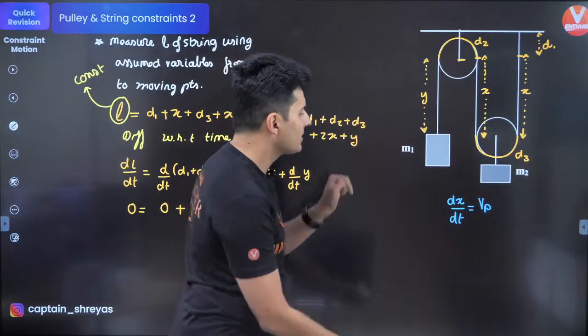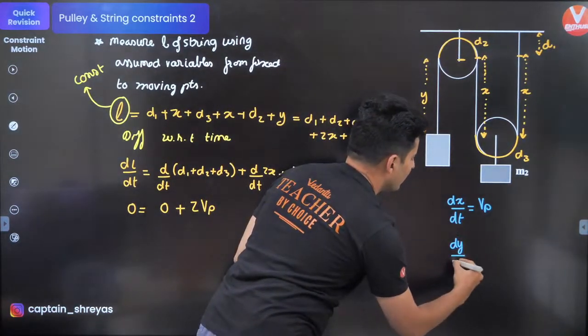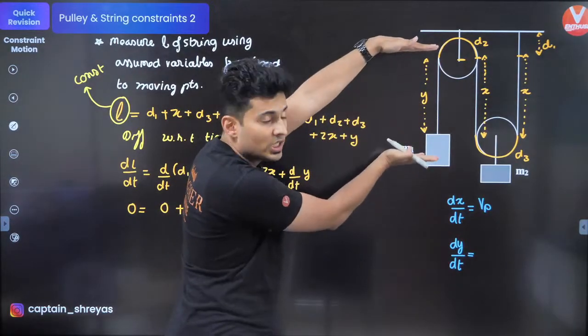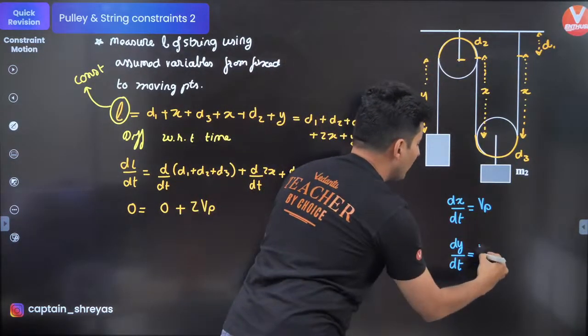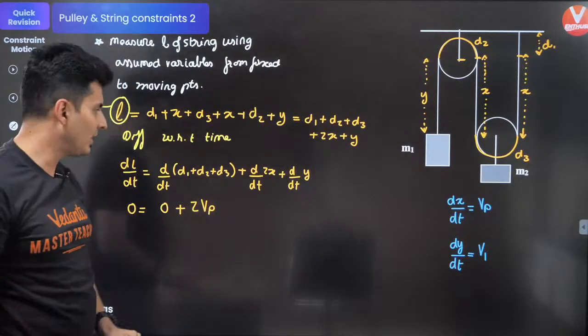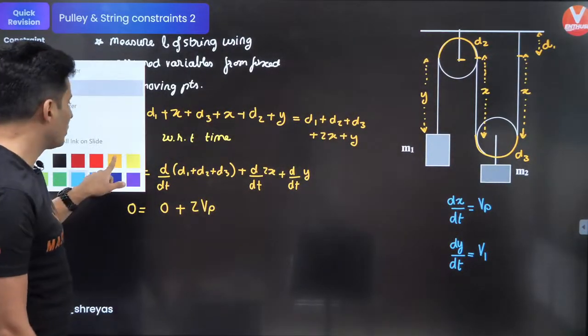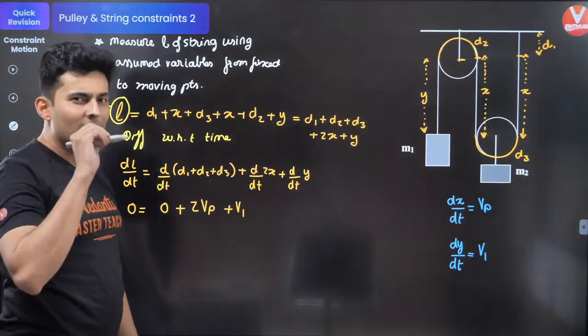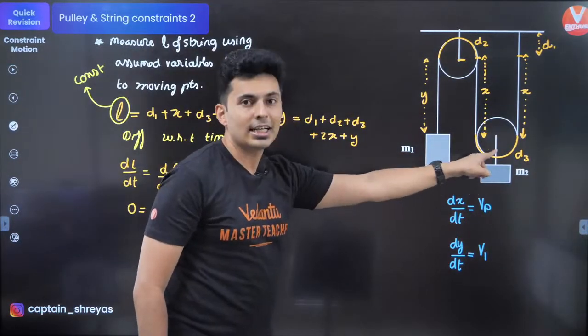If I ask you what dy by dt represents, dy by dt represents the rate of change of position of this mass m1. So it is the velocity of mass 1. As simple as that. So I will put over here that dy by dt is nothing but v1. But I'll tell you something. The pulley is directly attached to the mass.